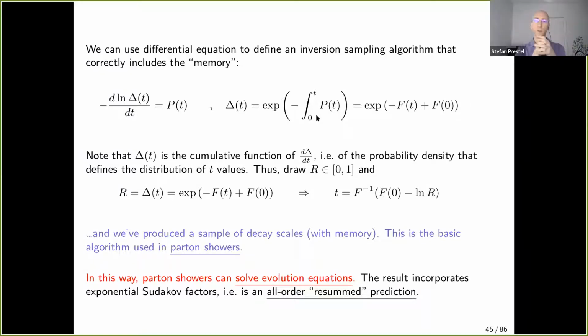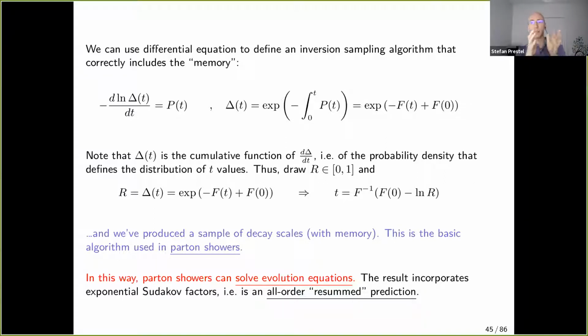So simply using inversion sampling, we can distribute splitting scales, scales where one parton splits into two partons, by setting a random number equal to this pseudo-factor and solving this for the splitting scale t. With that, we've produced a sample of decay scales where one parton splits into two. For example, a quark splits into a quark and a gluon, or a gluon splits into two gluons, or a gluon splits into two quarks, and so on.